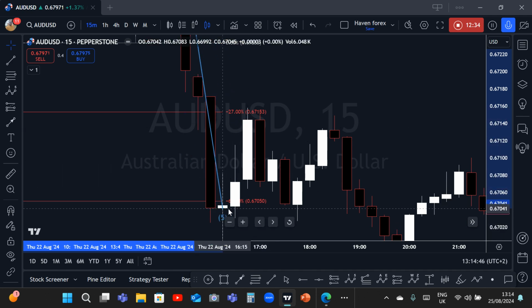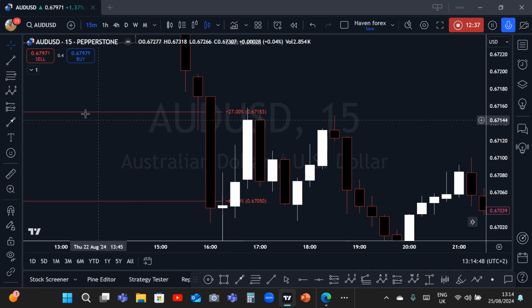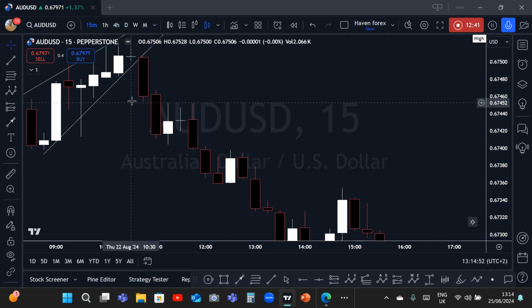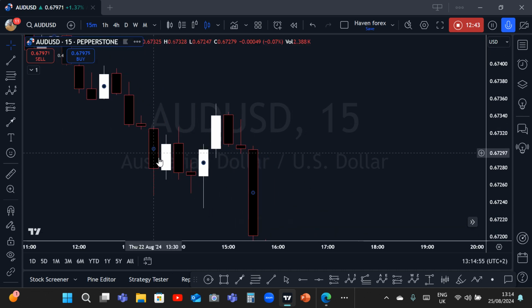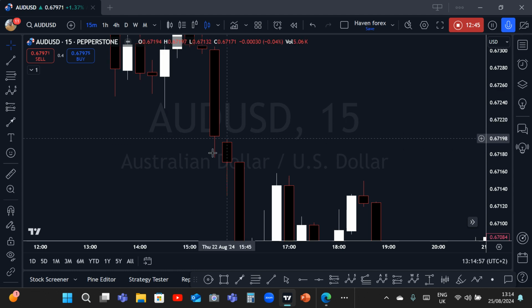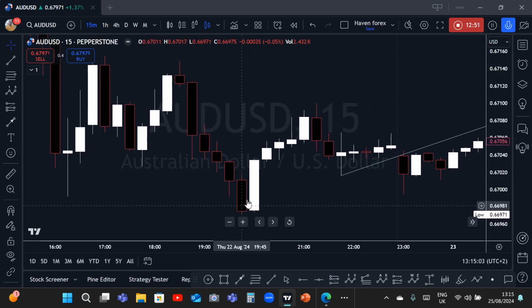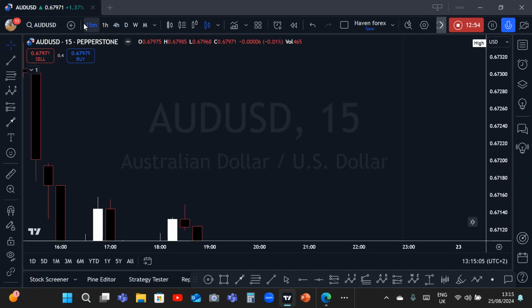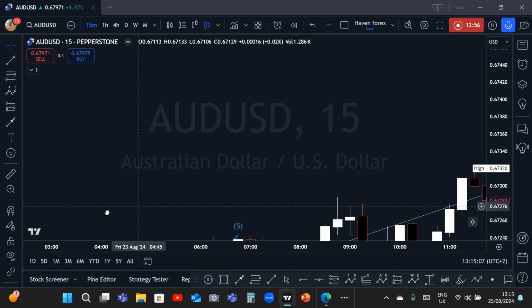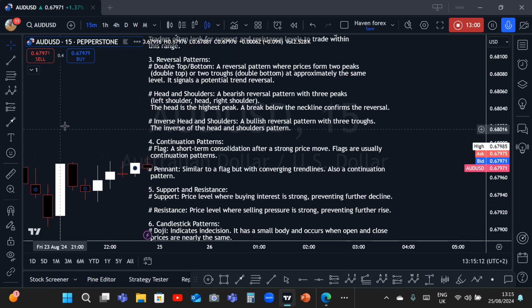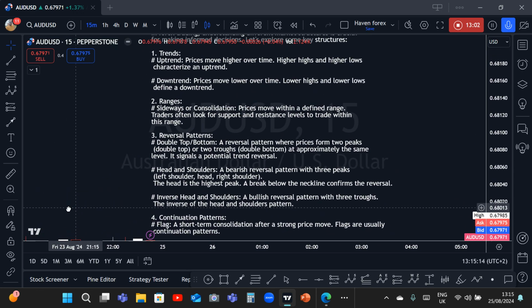Sorry, guys, you have to bear with me. We have a lower low, then a lower high. A lower low, then a lower high. We have the push phase and the corrective phase. That is what denotes a downtrend.